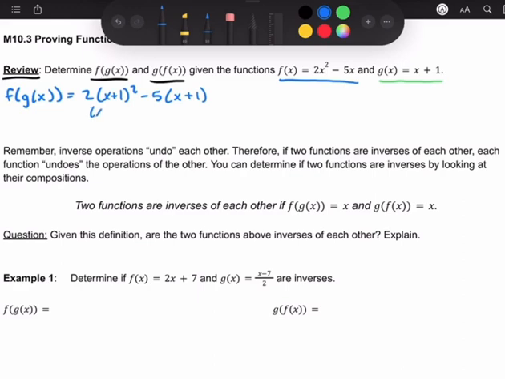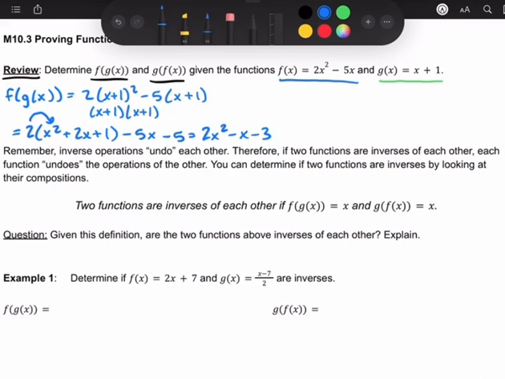If we expand out this (x plus 1) squared and do our FOIL method, we have our composite function being equal to 2 times (x squared plus 2x plus 1) minus 5x minus 5. When we distribute that 2 and combine like terms, we are left with our composite function being equal to 2x squared minus x minus 3.